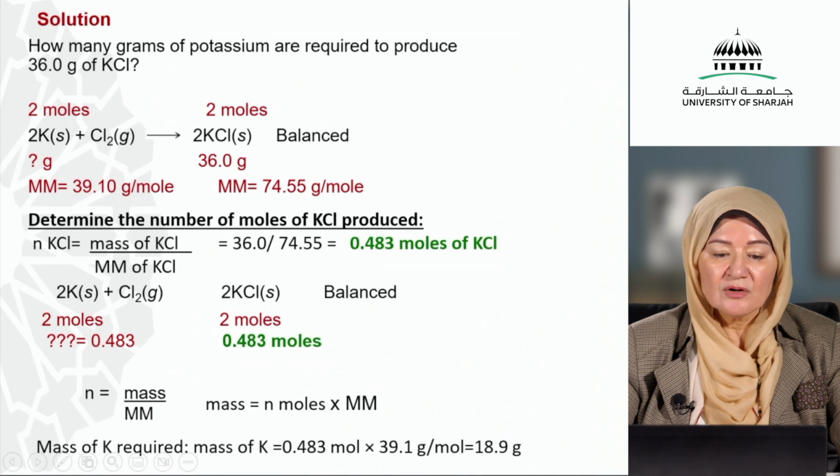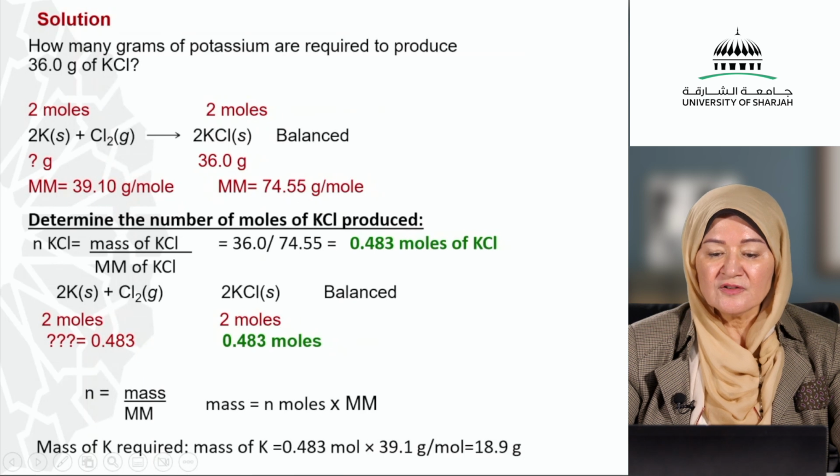I use the formula: n of KCl, the number of moles of KCl, is equal to mass of KCl over molar mass of KCl. The mass of KCl is 36.0 grams, over the molar mass of KCl, 74.55. It gives me this many moles of KCl.